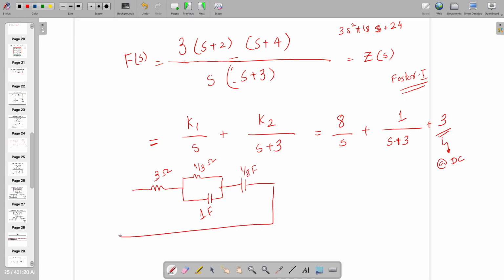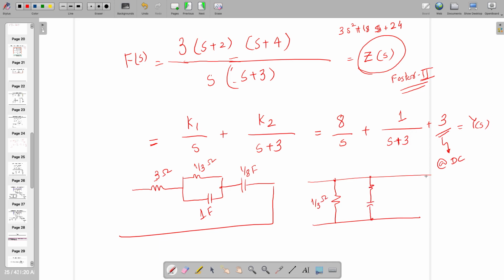Then come back. Same thing I want to realize using Foster 2, then I have to consider this function, whatever you have achieved, as admittance. And admittance will have all three entries in shunt. So this is 1 by 3 ohm, this is resistor and capacitor, and there will be an inductor, and this is again an inductor.